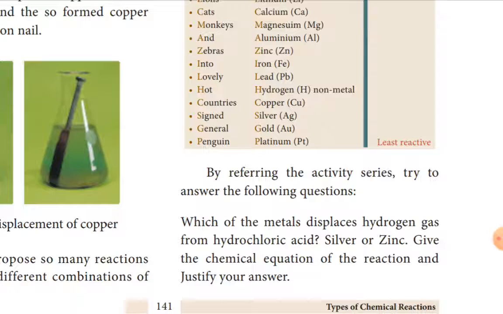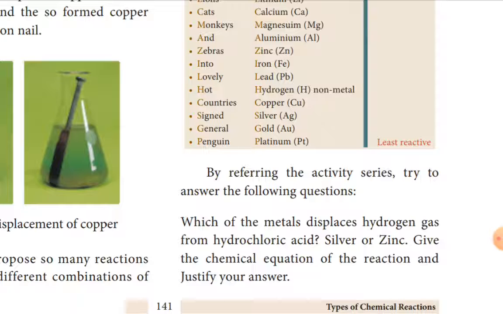Silver is below hydrogen, that means silver is less reactive than hydrogen. So less reactive silver cannot displace hydrogen from hydrochloric acid. So zinc can displace hydrogen from hydrochloric acid.